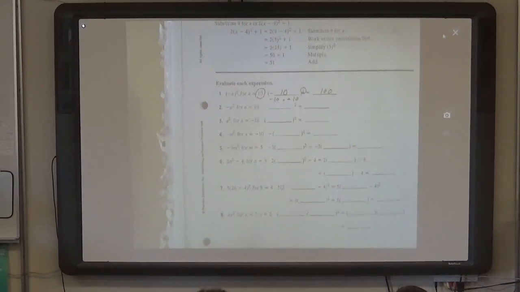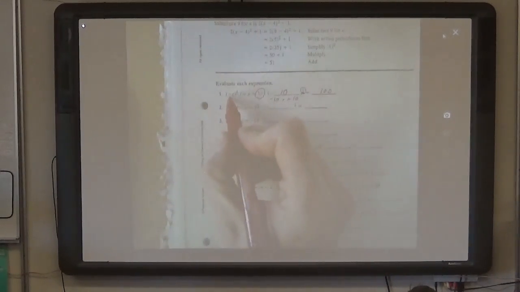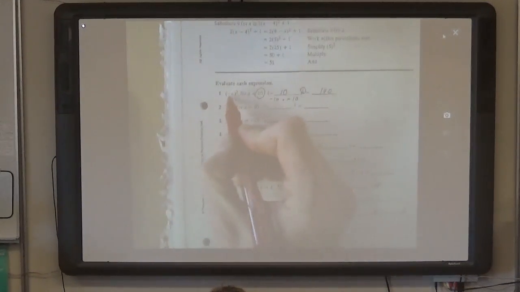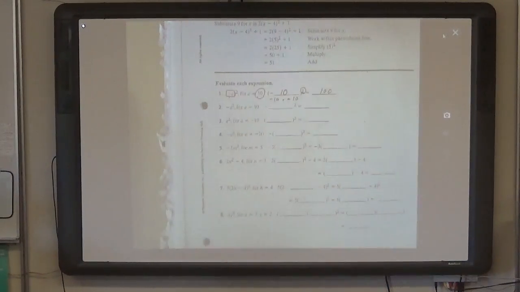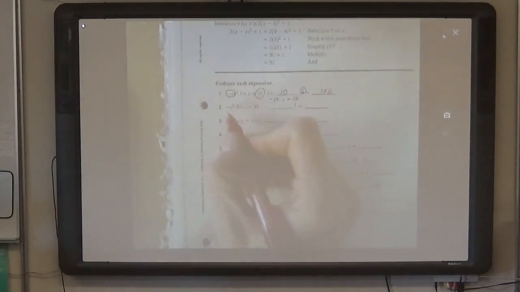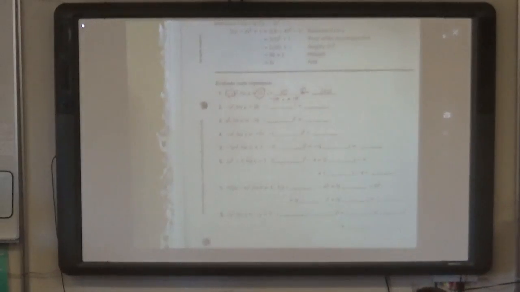Number 1, positive 100. Negative 10 times negative 10, because the negative sign is in the parentheses with a, and the whole thing is being squared. But number 2 is different, because there are no parentheses to keep that negative sign with the a.